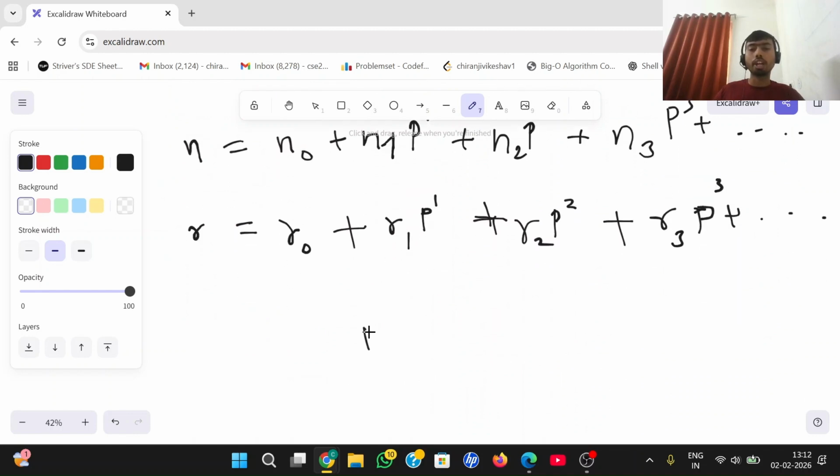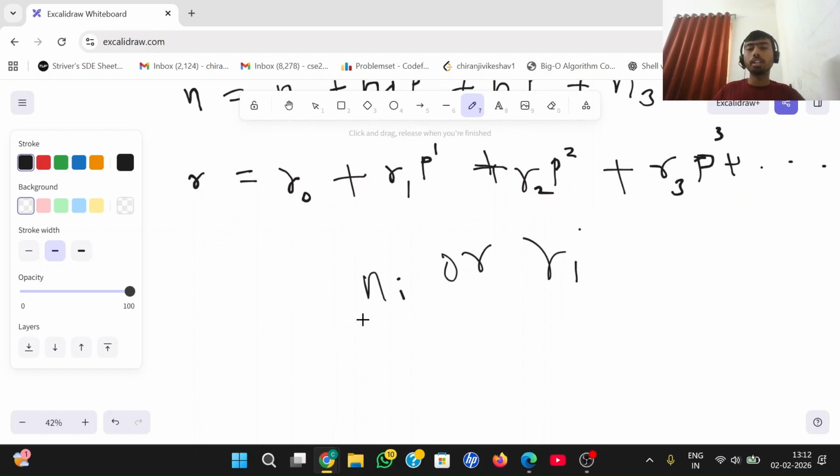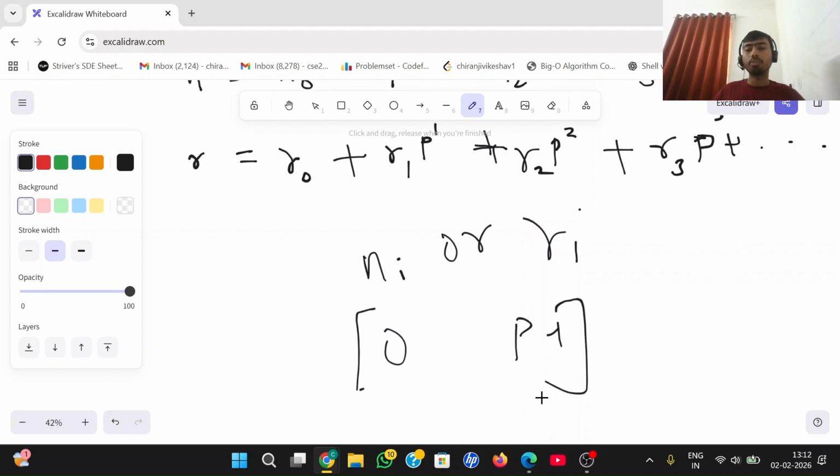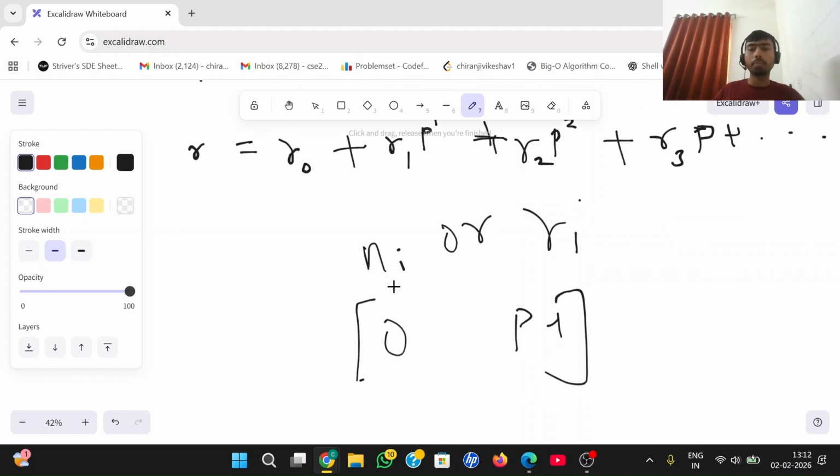Okay, the value of n_i and r_i is between 0 and p minus 1. So let's take the worst case scenario when the value of n_i and r_i is p minus 1.